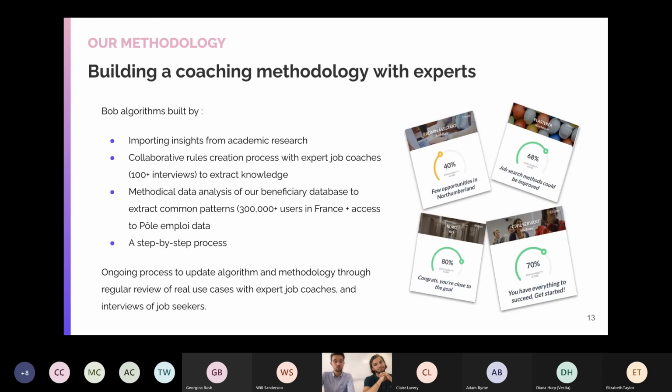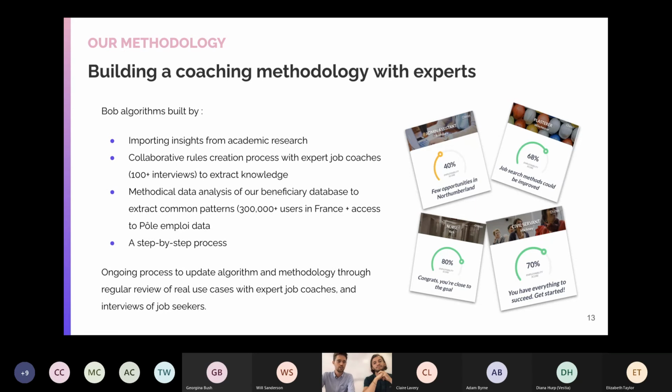Based on this user research, we started to build the algorithm, the AI behind Bob, and we took a very much knowledge-based approach that leverages several levers. The first one, as we mentioned, was to really try to translate academic research insights into the algorithm.